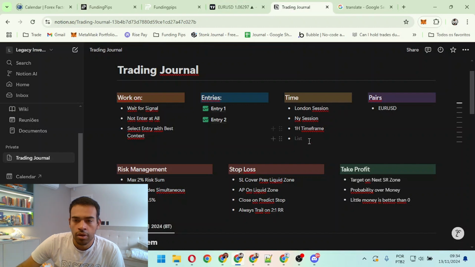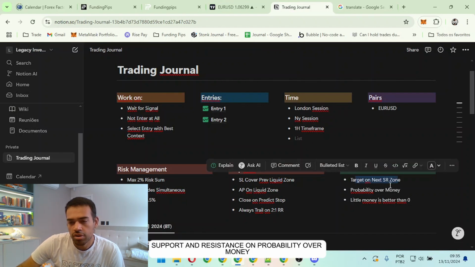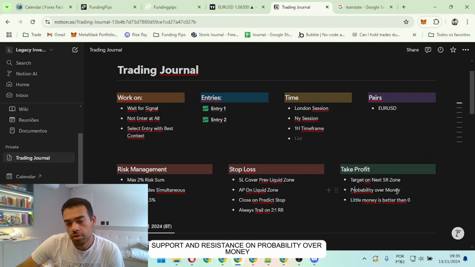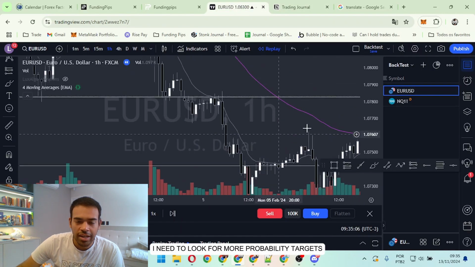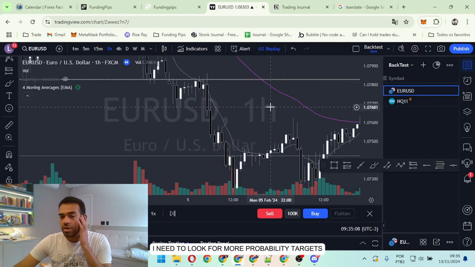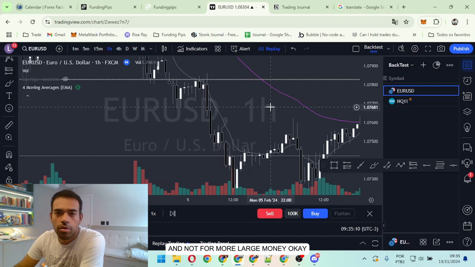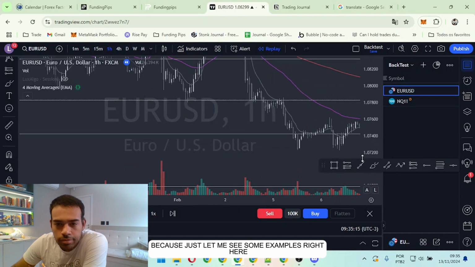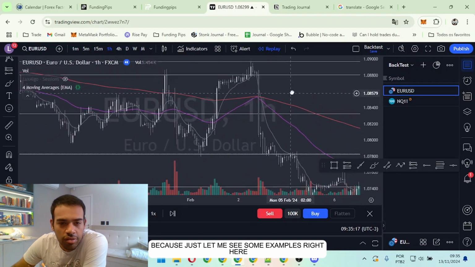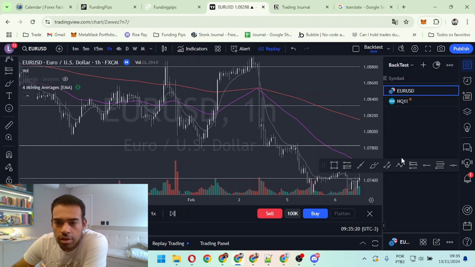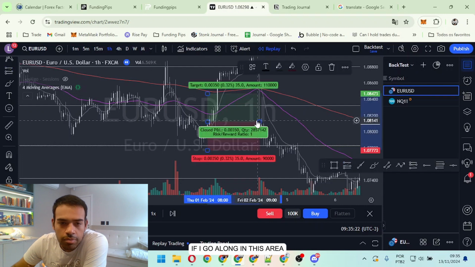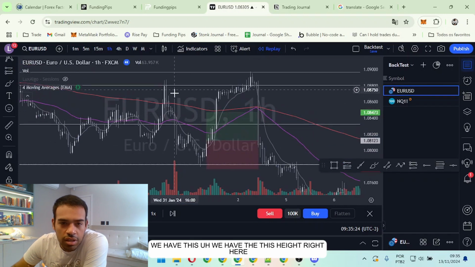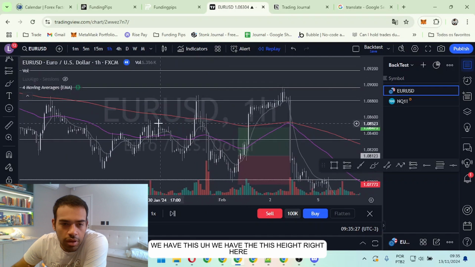Okay, for my take profit, I target the next support and resistance zone, probability over money. So I need to look for more probable targets and not for more large money. Just let me see some examples right here. If I go long in this area, we have this high right here, like you can see.